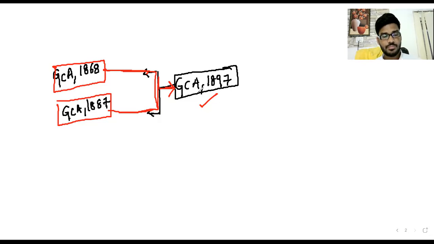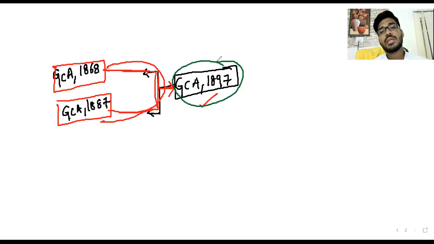These two acts together, in the year 1897, framed the General Clauses Act 1897. This act clearly says that they can give definitions and they can give interpretations also.